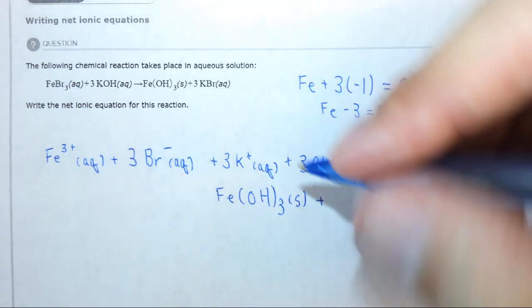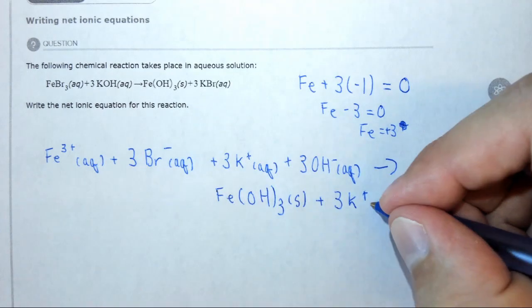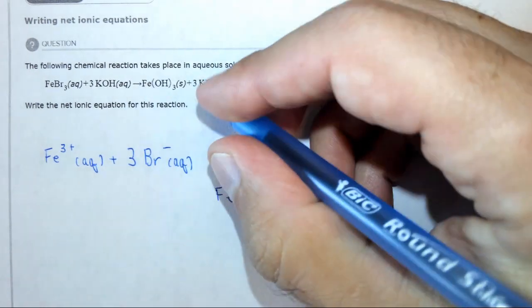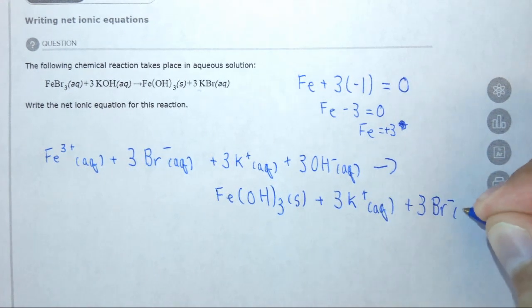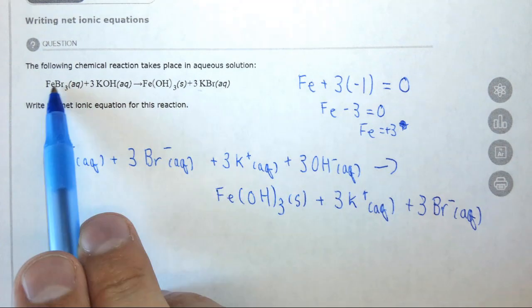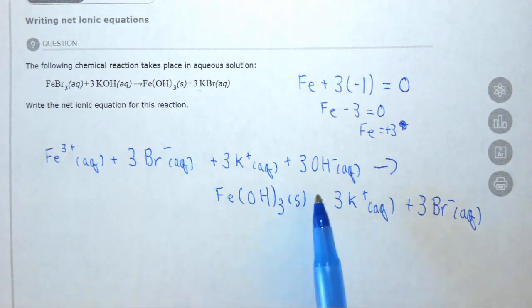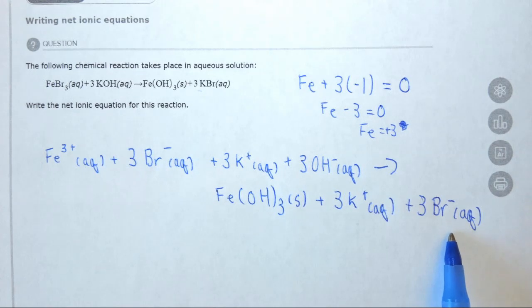Plus 3K+, we break this one up because it's aqueous, aqueous, plus 3Br- aqueous. So everything that was aqueous, these three things, we broke up into their ions, like so. This is what is called the total ionic equation.